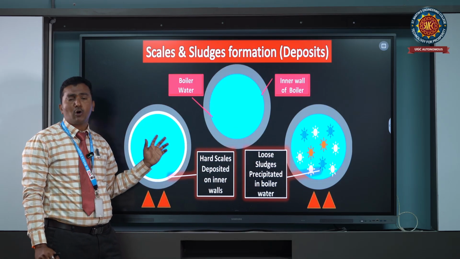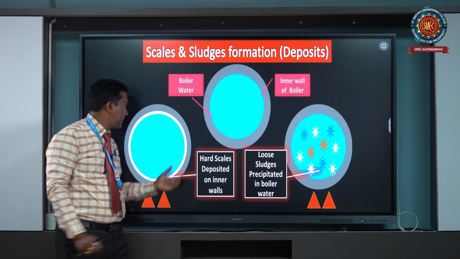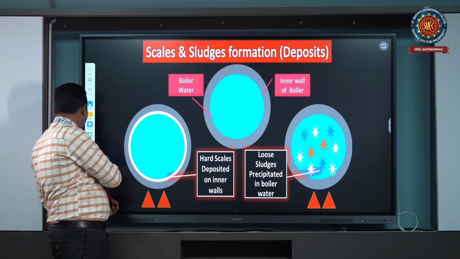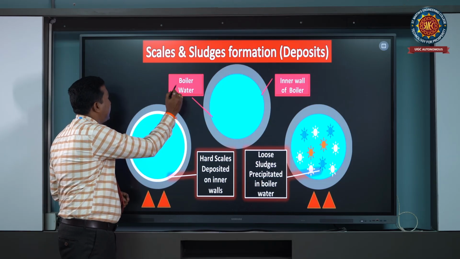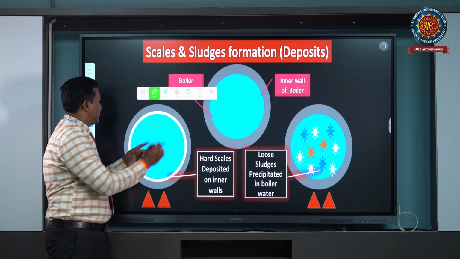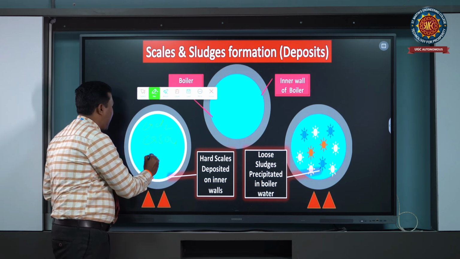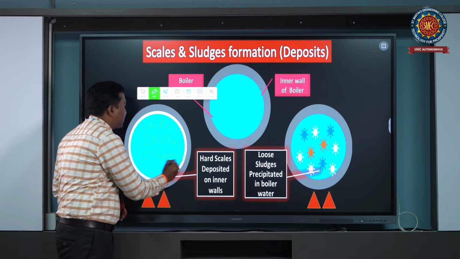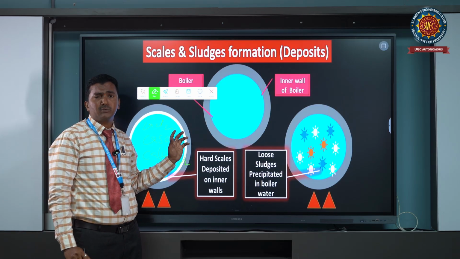So what are the main drawbacks? The strongly sticking hardness causing salts mainly consist of calcium sulfate, calcium chloride and calcium bicarbonate. These are the scale causing salts strongly adhering on the inner walls of the boilers.